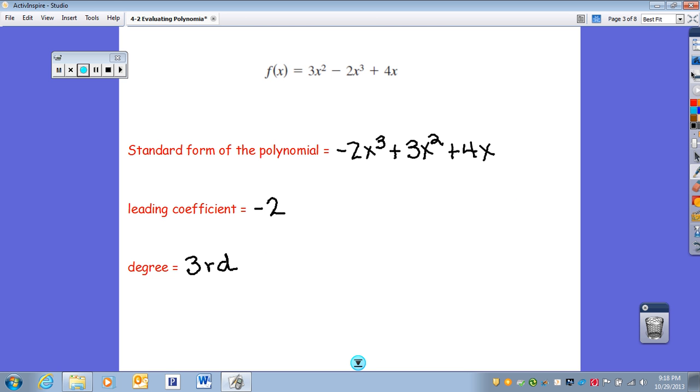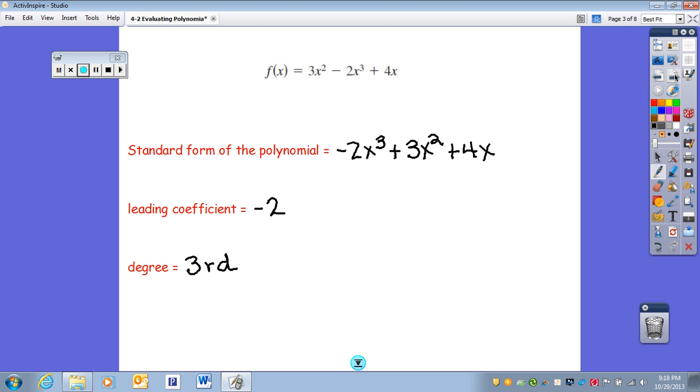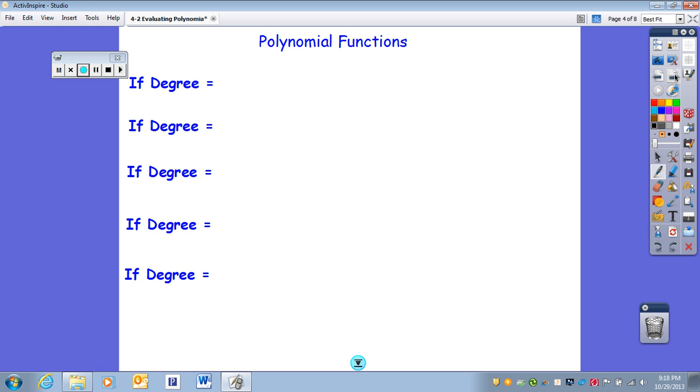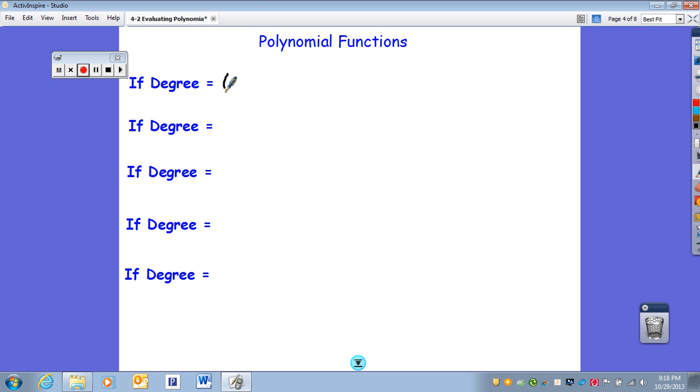Now when we take a look at some specific names of polynomials, when we name them by their degree, we want to remember that if a polynomial is to the 0 degree, then that would mean that any variable to the 0 degree is 1. So that would leave us just with whole numbers or real numbers, and so that's going to be called the constant term.